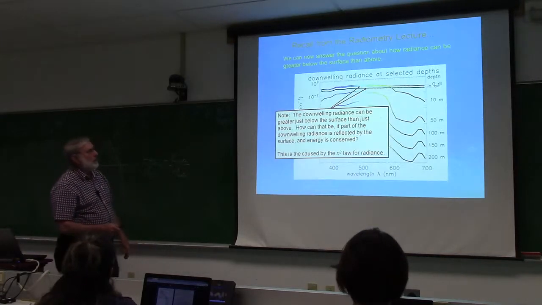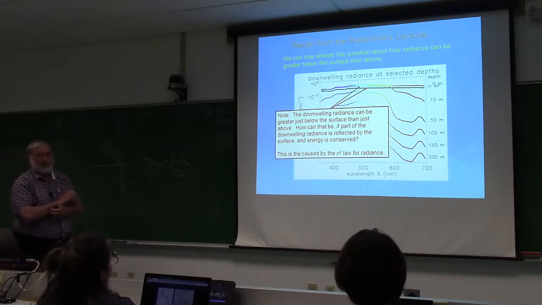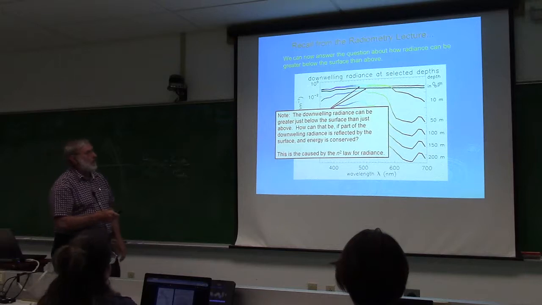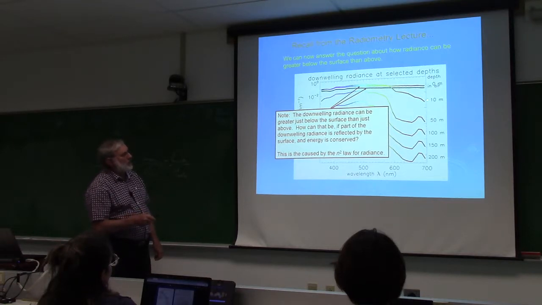So anyway, if you recall from the radiometry lecture, I know you've been waiting for 3 weeks now to find the answer here, where I showed you this plot of downwelling radiances, and the black curve is in the air, and then there's a couple of curves here just below the surface in the water and at 10 meters and then 50 and so on.